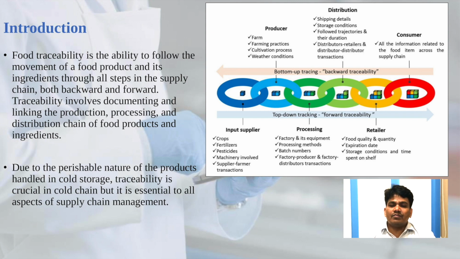So many more components are involved during the supply chain, and we need to have much more information in order to know the status of even the raw material and the products as well, so that we can identify the products. As in the topic itself, we have seen that it may be identification, traceability, and on the basis of this information we can even recall the material as well.